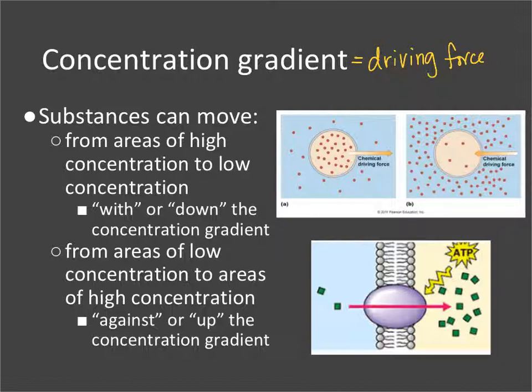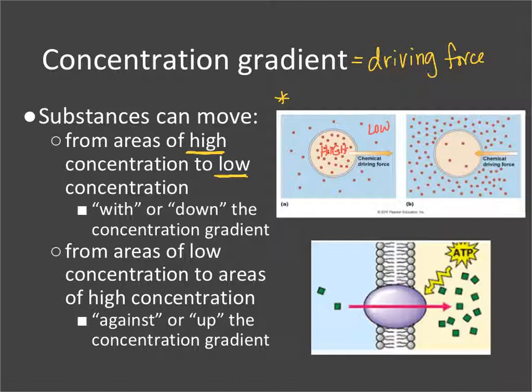Now, in some cases, these substances are going to move from areas of high concentration to low. That's what we're seeing in this picture here, where there is a high concentration of molecules inside and a low concentration outside.